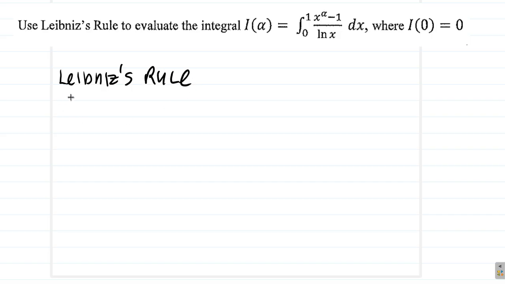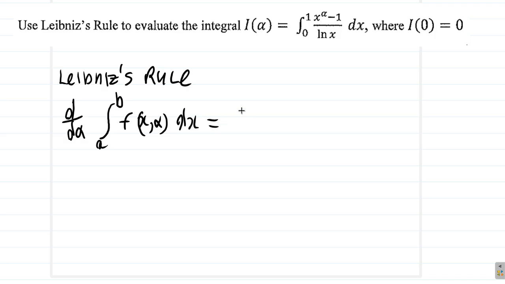It says that when you find the derivative with respect to alpha of the integral from a to b of a function of x and alpha dx, the integral is with respect to x, but the derivative is with respect to alpha.